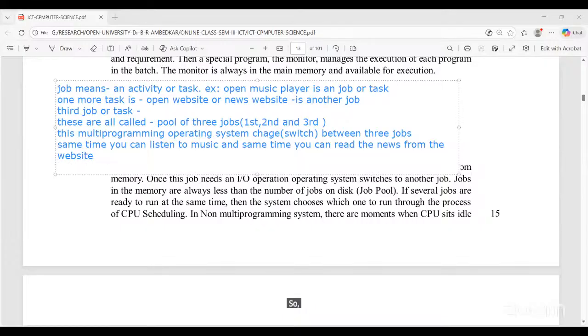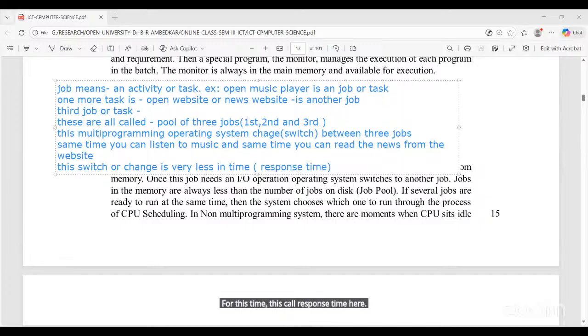This switch, or change, takes very little time. This time is called response time.